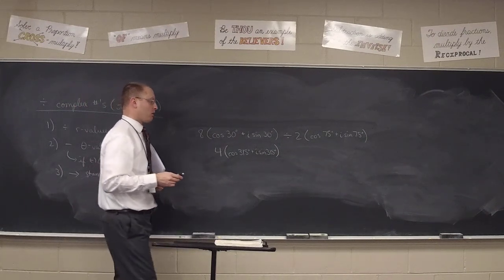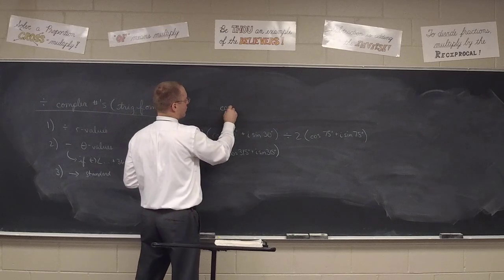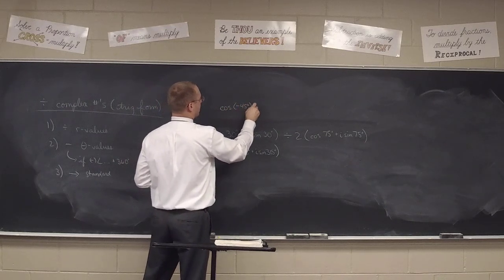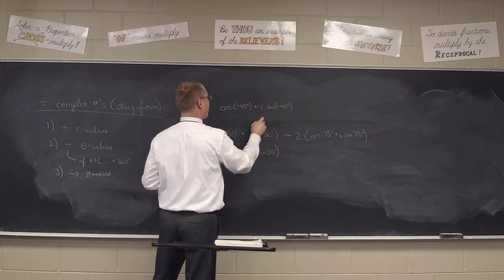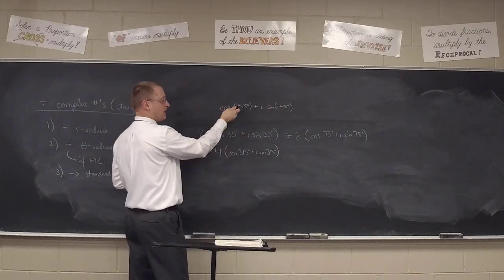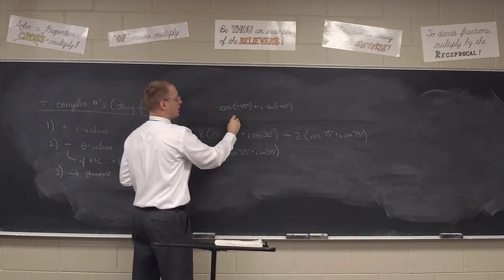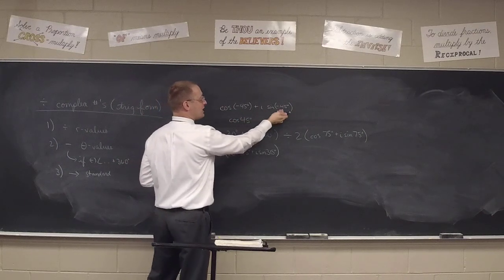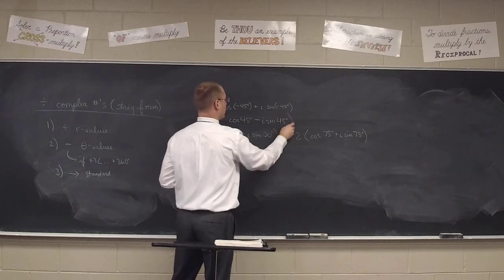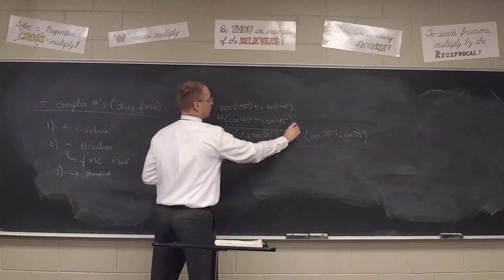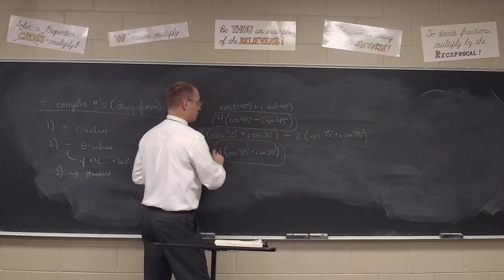Now, you might be thinking, well, wait a second. Instead of cosine negative 45 plus i times the sine of negative 45, couldn't I just say, well, cosine of a negative angle, poof, it's gone. Cosine 45. And here the negative comes out front, negative i sine 45. Absolutely. These are equivalent to each other.